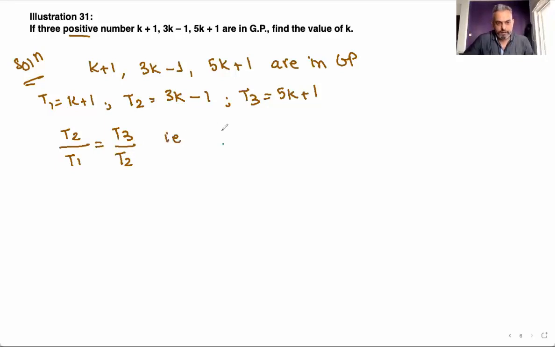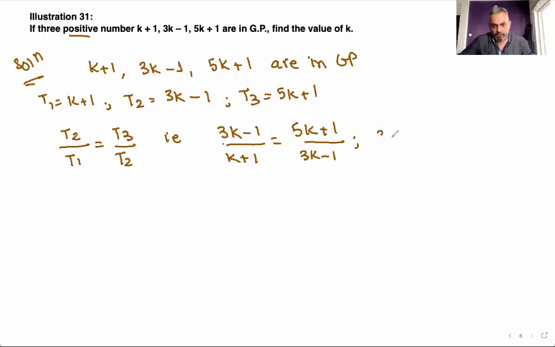That is, 3k minus 1 upon k plus 1 is equal to 5k plus 1 upon 3k minus 1. Now cross multiply. So 3k minus 1 the whole square is equal to k plus 1 in the bracket 5k plus 1.